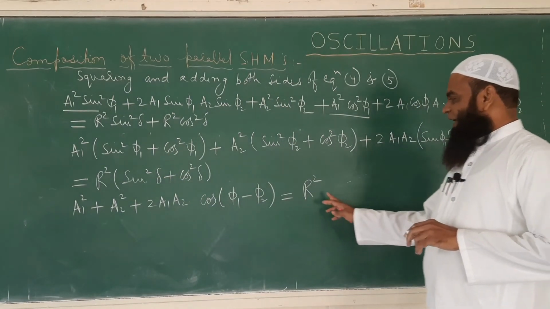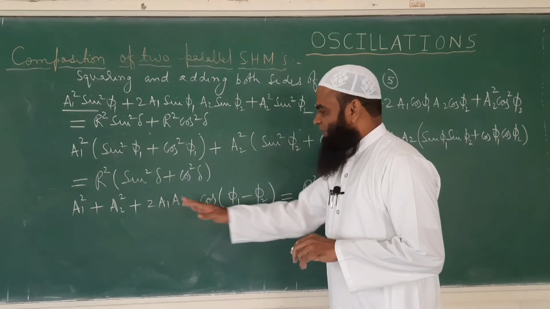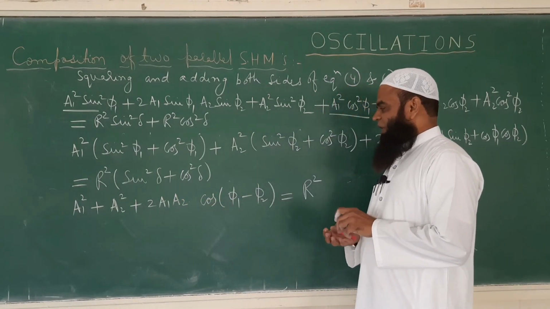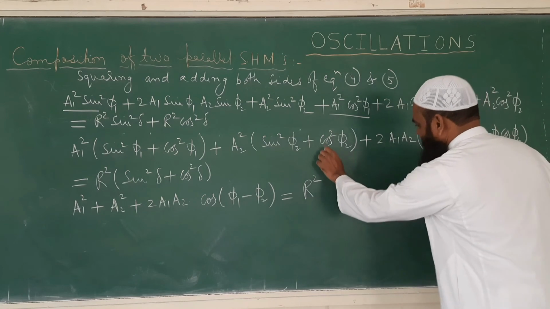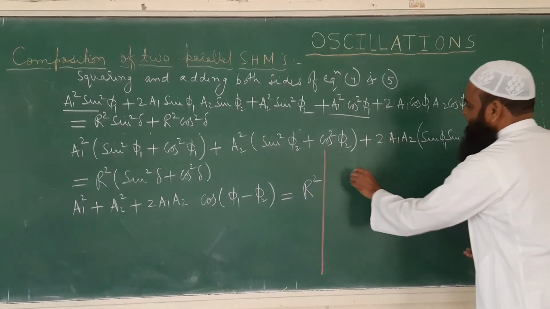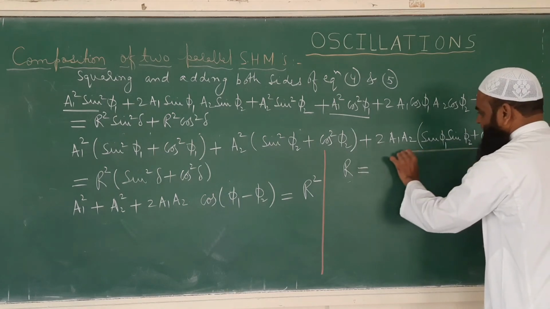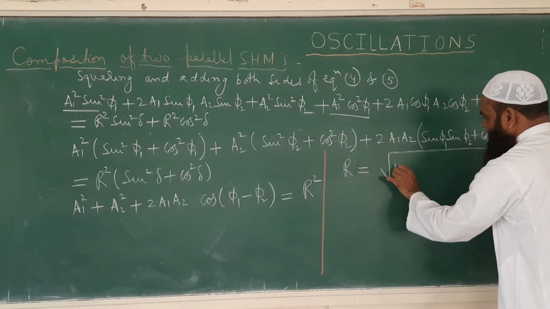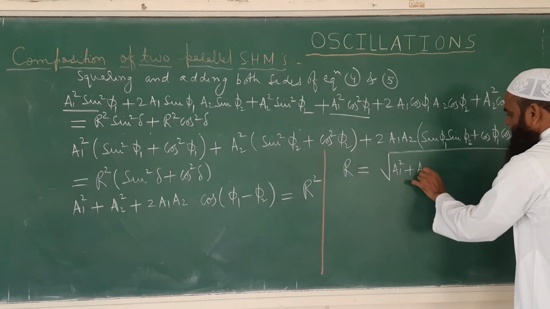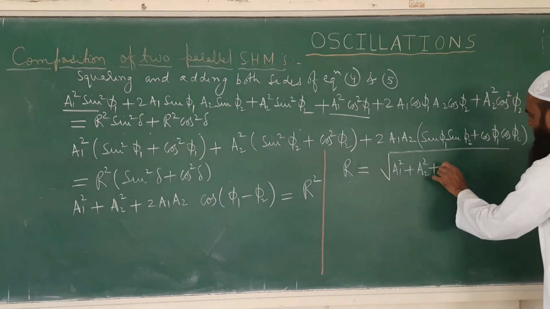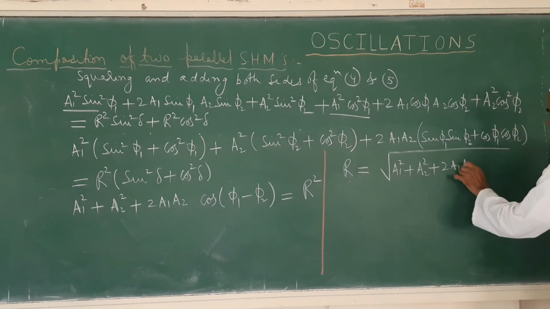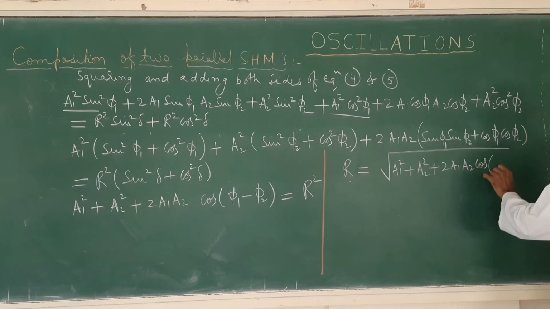So what remains? R square is equal to a1 square plus a2 square plus 2a1 a2 cos(phi 1 minus phi 2). If we take the square root, then we get r equal to the square root of a1 square plus a2 square plus 2a1 a2 cos of (phi 1 minus phi 2).